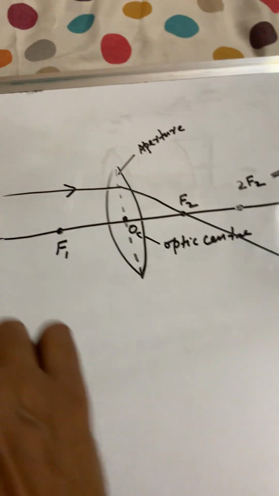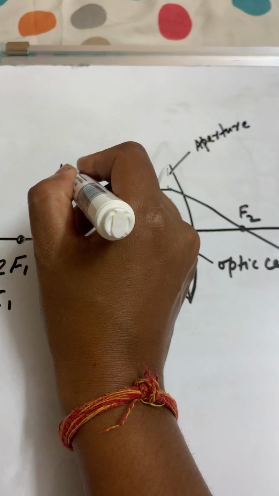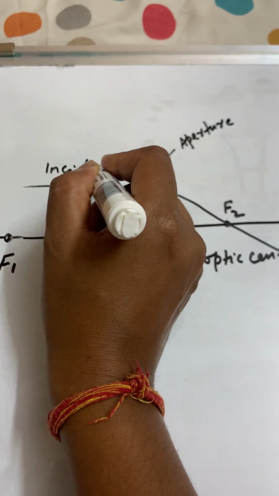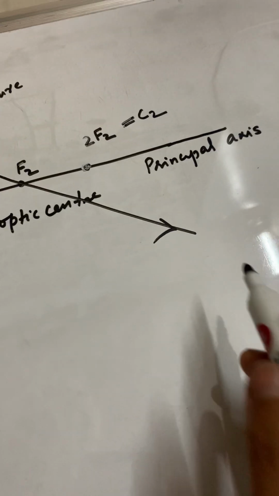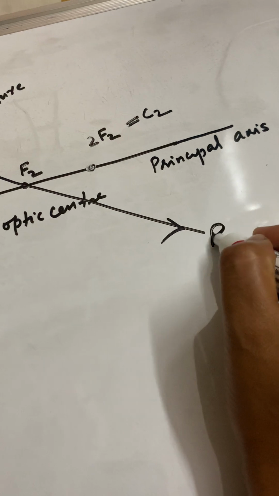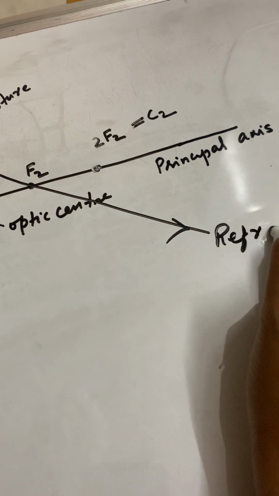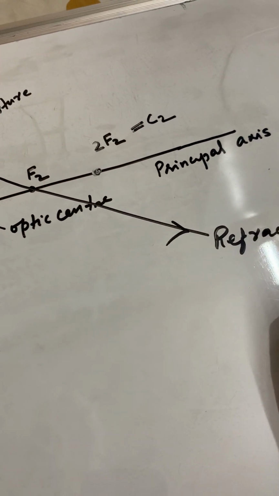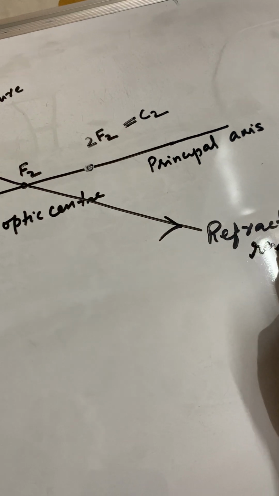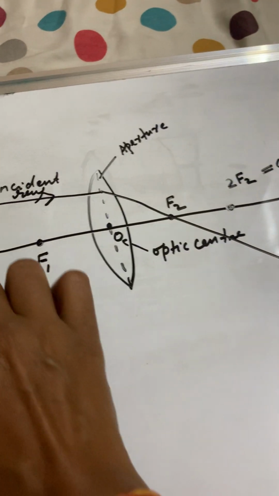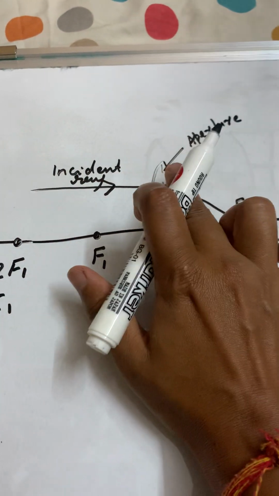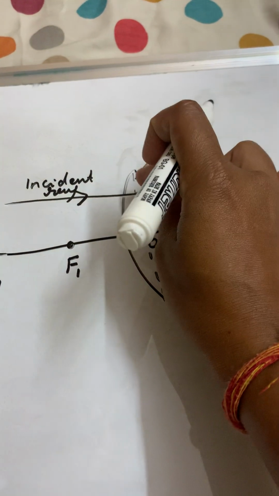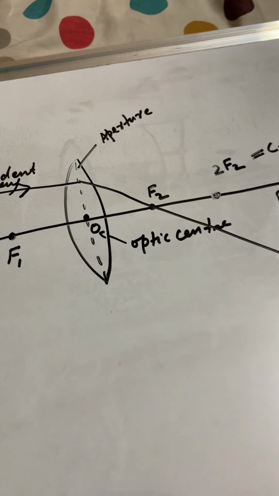So this is the incident ray, and this is the refracted ray. We need to remember the incident ray has to be parallel to the principal axis. Then on refraction it should pass through the second focus.